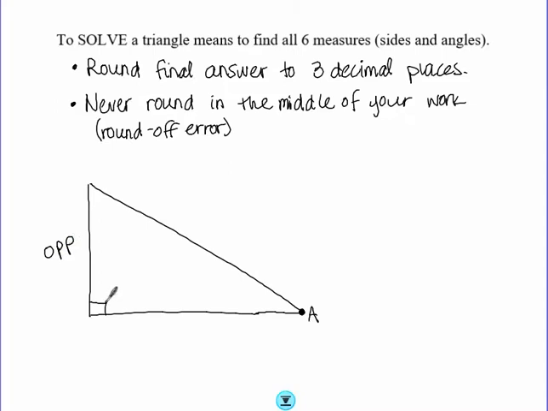The side across from the right angle is our hypotenuse. And the third side, which should be next to angle A, is called the adjacent side.